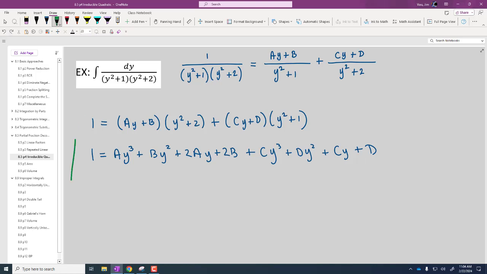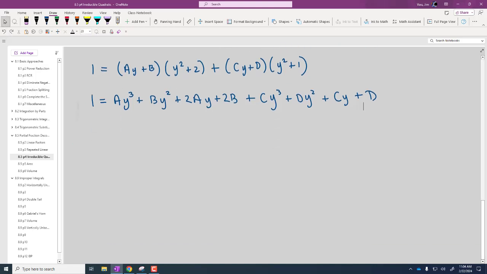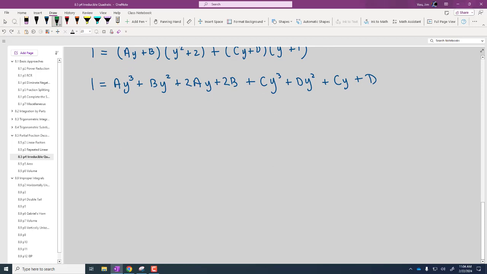If we look on the left, what is the coefficient of y cubed? 0. And on the right-hand side, the coefficient of y cubed is a plus c. Exactly. So there are the cubes.